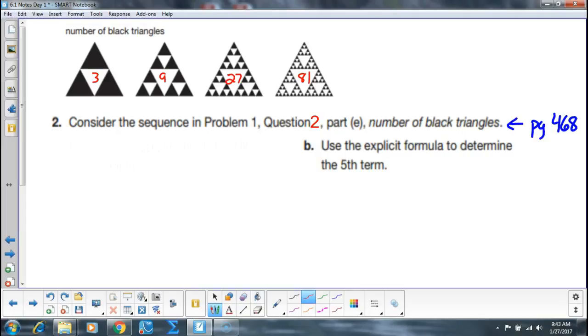243, right? Okay, so we should get 243 over here for the next one because we multiplied by 3 every time. Okay, all right? So now let's use the explicit pattern, or the explicit formula. So this one is a geometric.